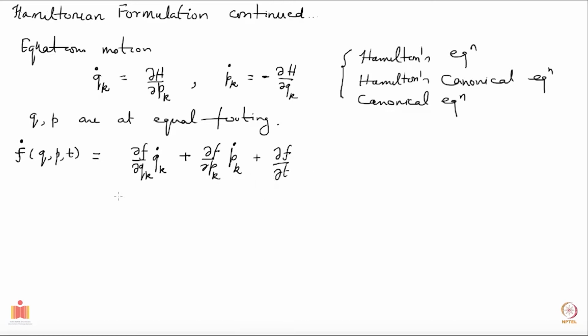Now in this I can substitute what you have in the equations of motion. So q_k dot will become del H over del p_k, and p_k dot will become minus del H over del q_k. Let me write that down.